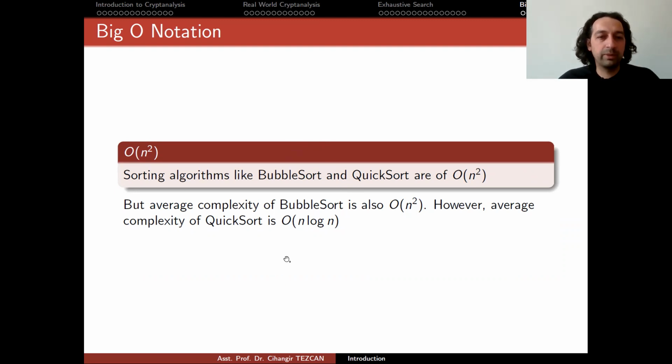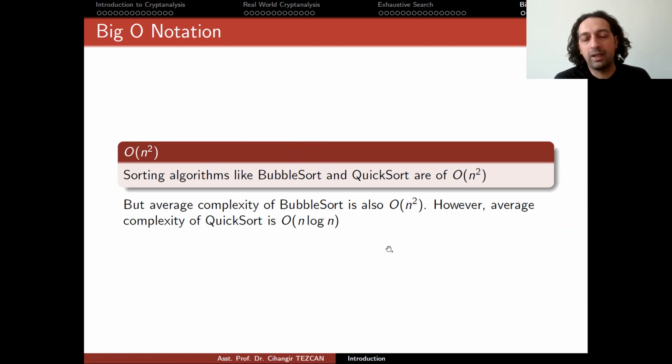The average complexity of bubble sort is also O(n square). However, the average complexity of quicksort is O(n log n). This is very important because this number is really small compared to this.